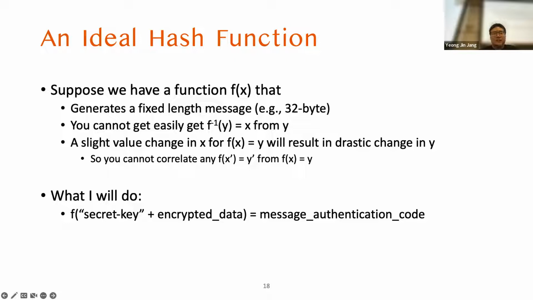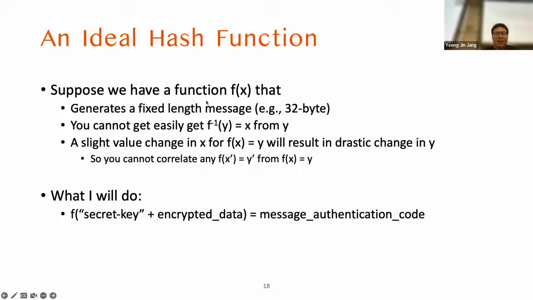Another property is that, if you know f(x) = y, a very slight change in x will result in a drastic change in y. That means even if you know the x-y combo, you cannot correlate any other x' or y', whether they match or not, without running the function.